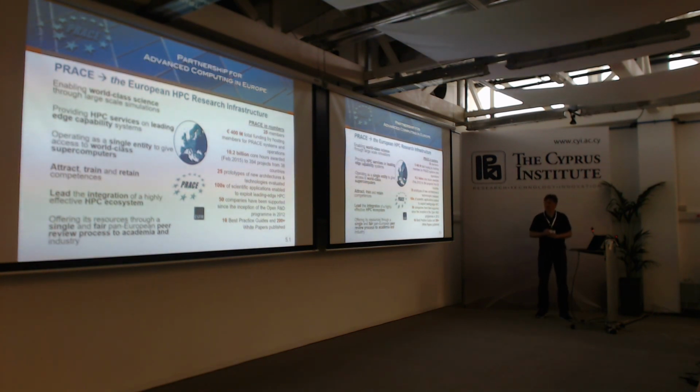So that was the idea of PRACE: enabling world-class science through large-scale simulations, providing HPC services for leading-edge capability systems, and those systems are comparable to the big supercomputer systems in the US, Japan, China, and so on. With China, we cannot compete. It's too big, but in principle, we want to be at the upper edge to really provide very good resources.